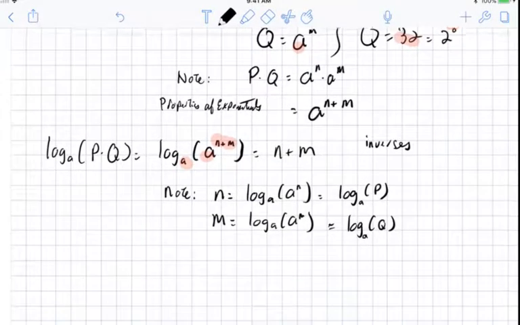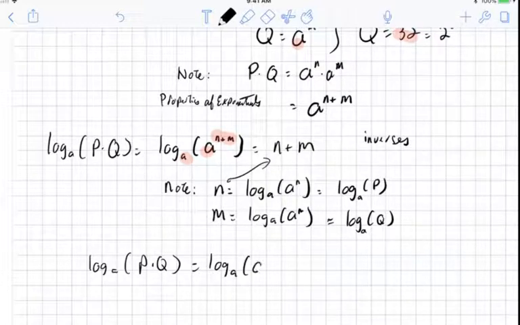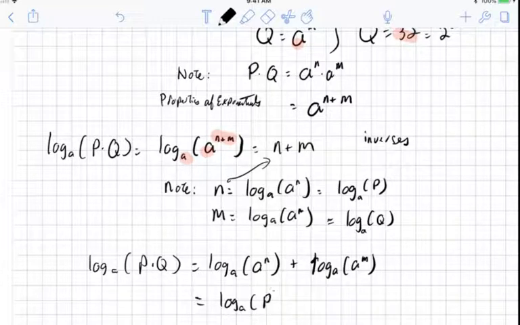And so what you can do is replace n and m in this expression. Log a of p times q is equal to log a of a to the n plus log a of a to the m, which is equal to log a of p plus log a of q.